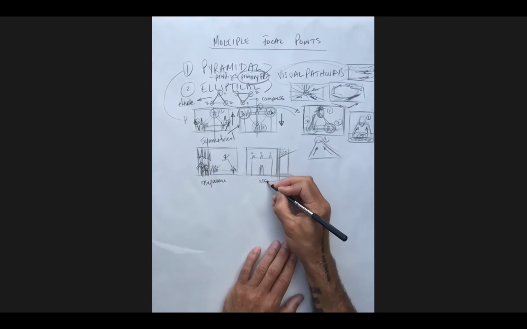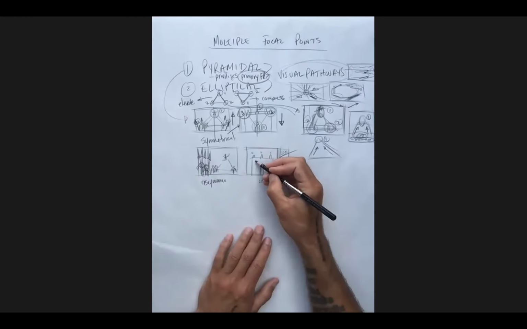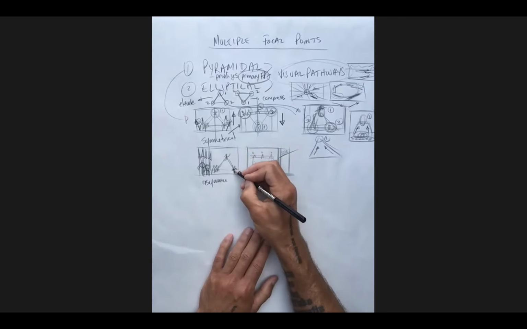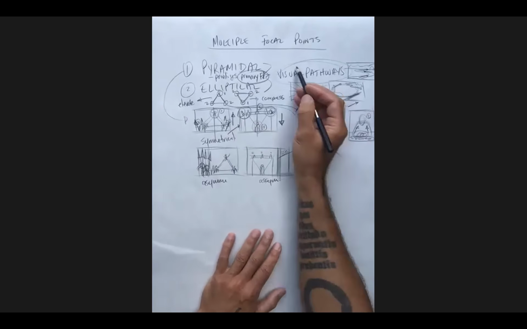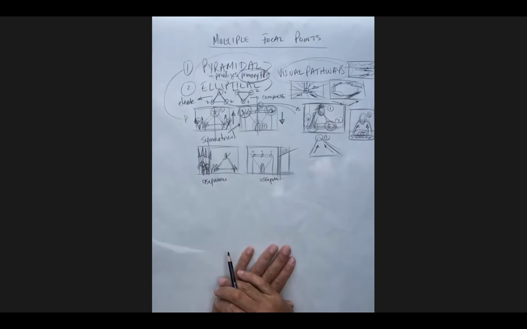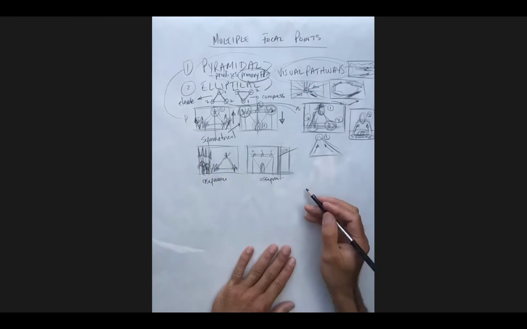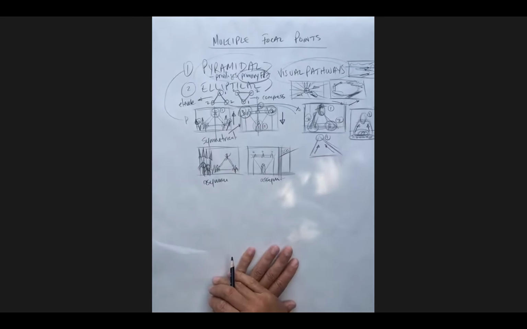So it doesn't matter which structure you choose, asymmetrical or symmetrical, you can apply this pyramidal structure to it. Okay, so I encourage you to try this or incorporate this into your symmetry and asymmetrical structures.